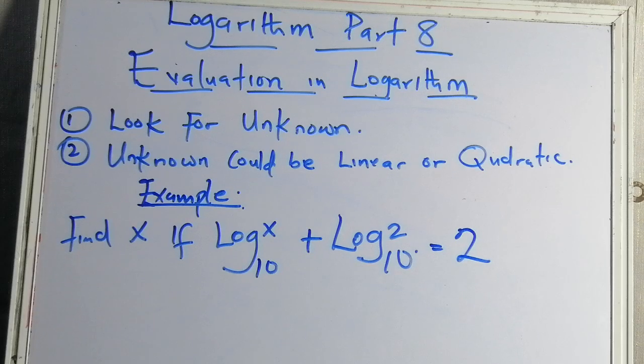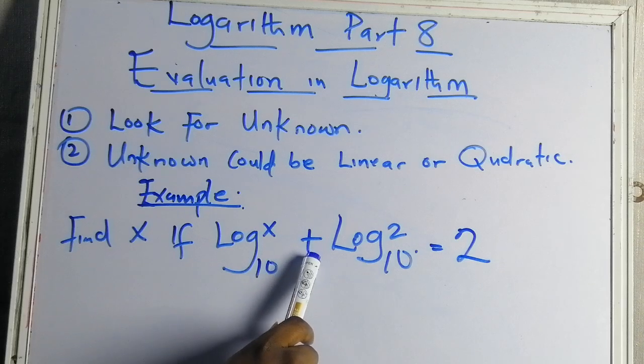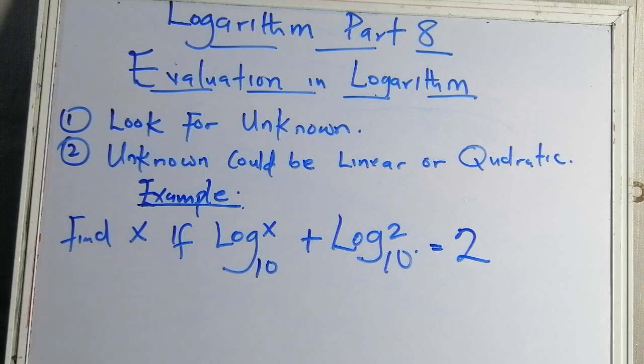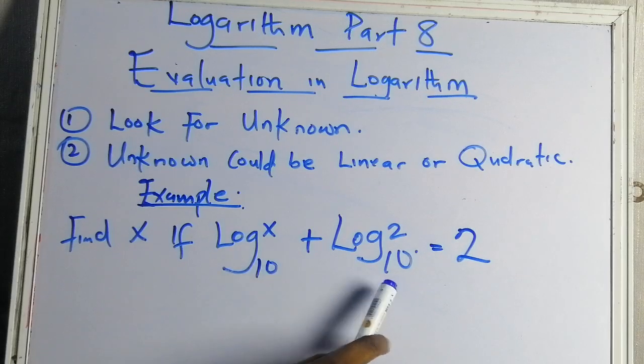If you look at this very well, it's very straightforward. The law of logarithm here is positive, that's the addition law of logarithm. What do you do? You pick one log base 10.